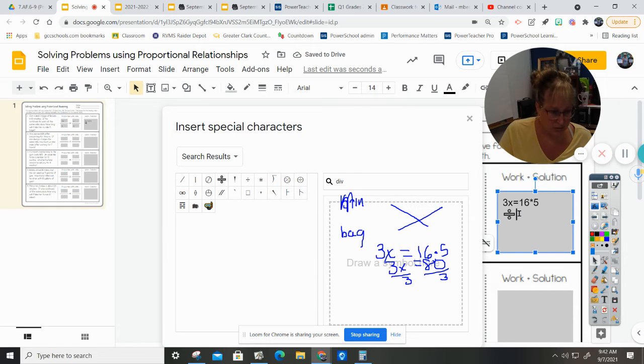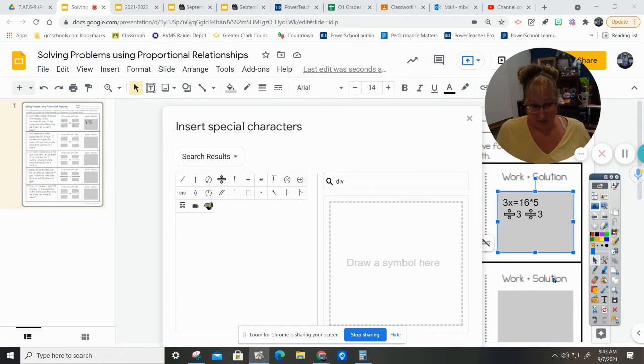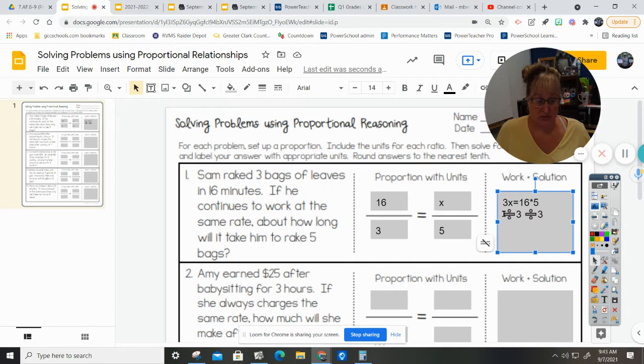3. And then you're going to divide by 3 again. See how I'm dividing both sides by 3? And I know that it's complicated to type. When you're using the programs for testing purposes, they make this much easier to find. But Google is not supposed to be a math typing program, so it's a little bit more difficult.